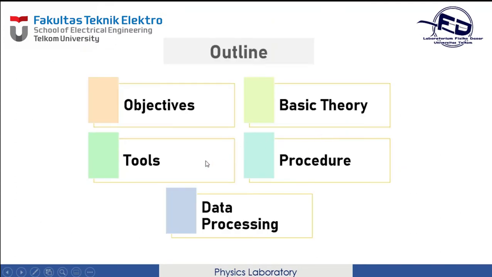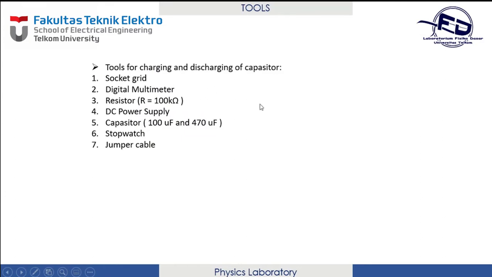Now let's go to the tools outline. Tools for charging and discharging of capacitors are the same, okay? So those two submodules will use the same tools. The first one is the socket grid, then a digital multimeter, then a resistor, and the value will be 100 kilo ohm.